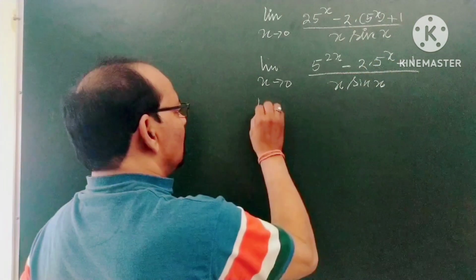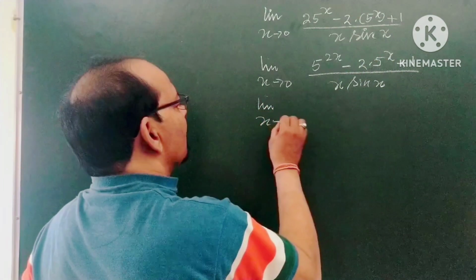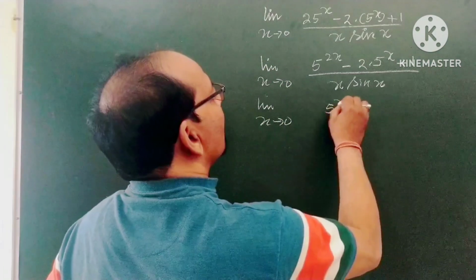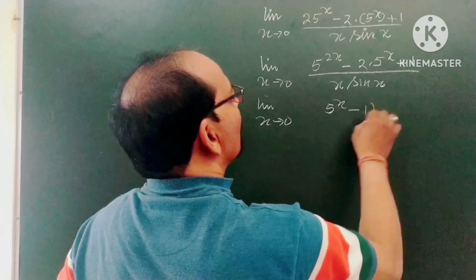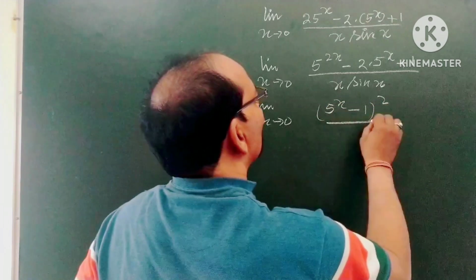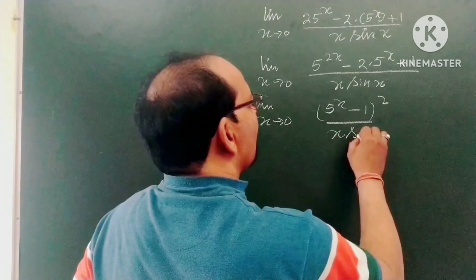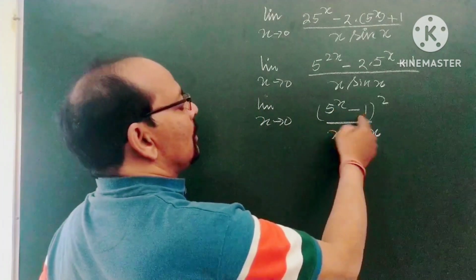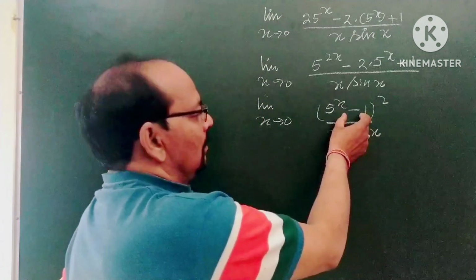This changes into limit x tends to 0, (5^x - 1)² / (x sin x).